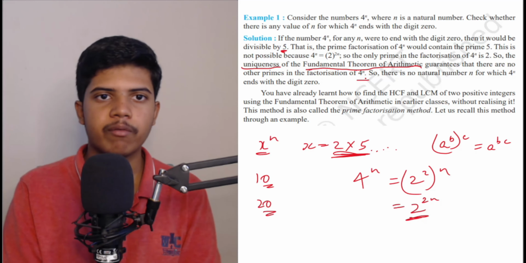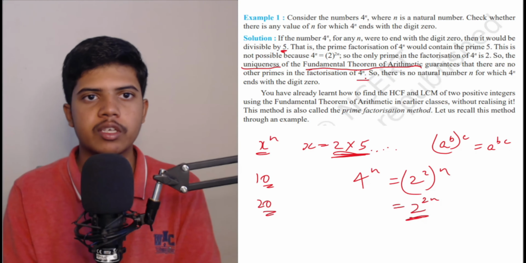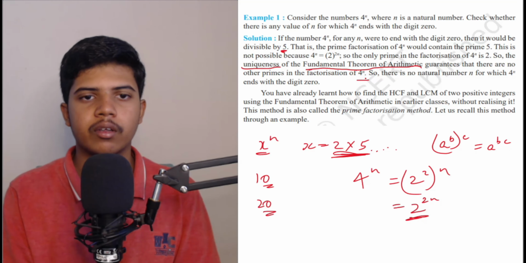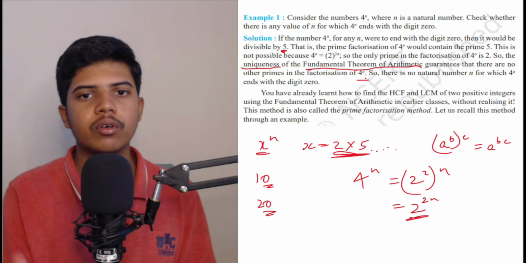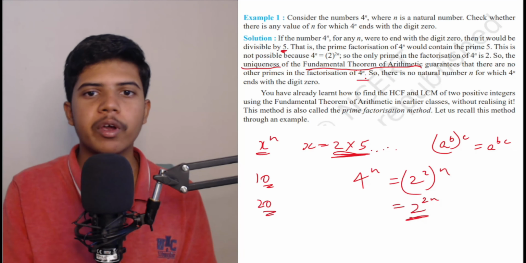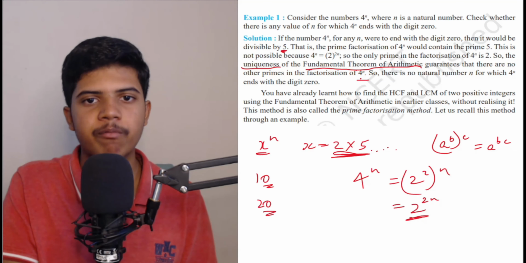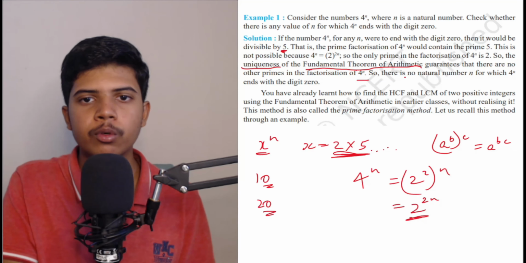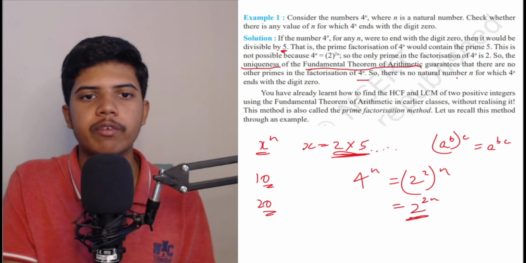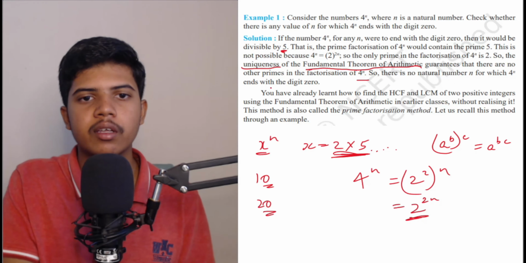So 2 is the only prime factor. 4 to the power 2 is 16. 2 is the only prime factor. 4 to the power 3. So you can keep going and you'll keep finding that 2 is the only prime factor. So there is no natural number n for which 4 to the power n ends with the digit 0.